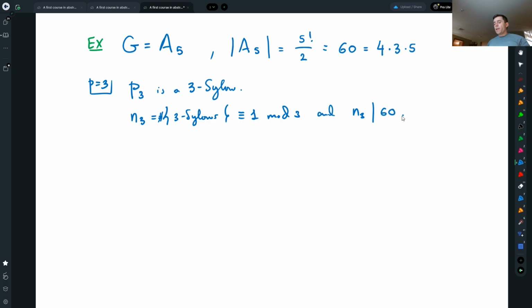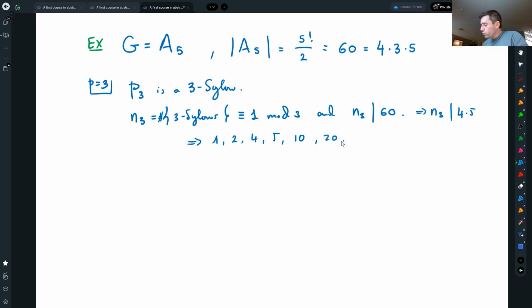So it is not divisible by 3, which means n_3 has to divide 4 times 5, which is 20. The divisors of 20 are 1, 2, 4, 5, 10, and 20, if I'm not mistaken.